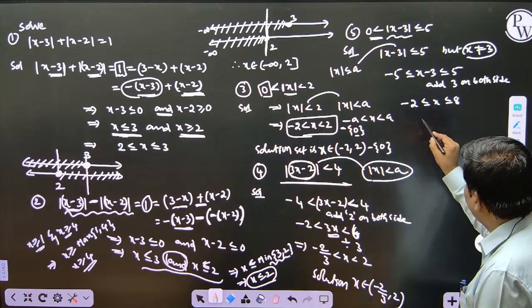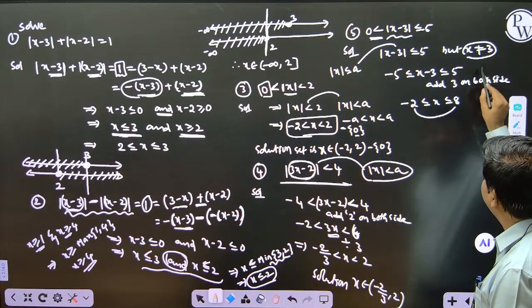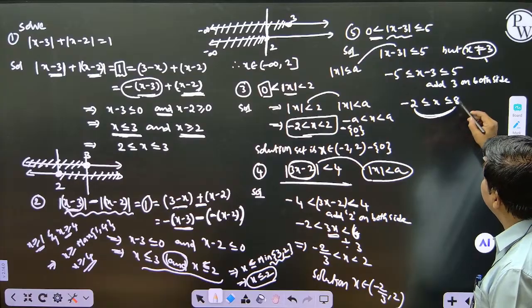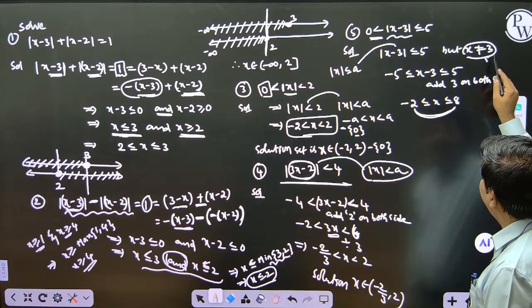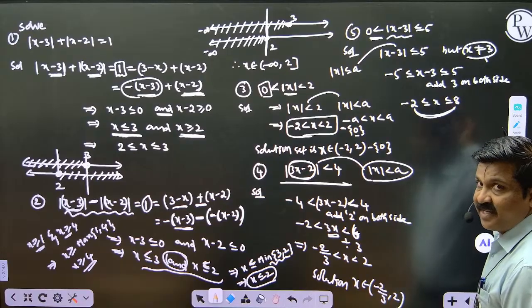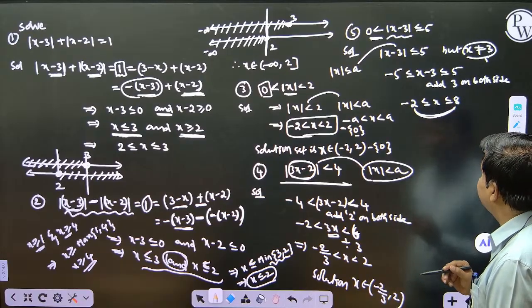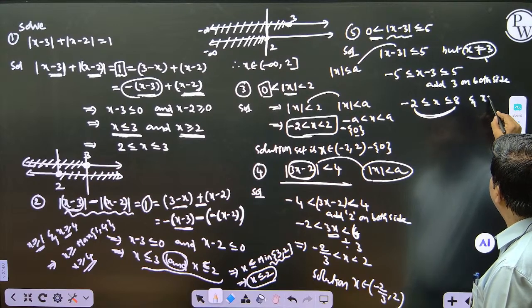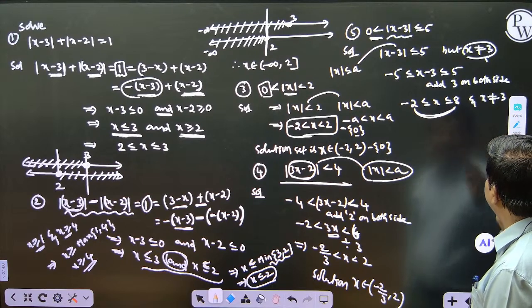But between minus 2 and 8, is 3 there or not? 3 is there, and it should be eliminated. Why? For 3 we get 0, and actually 0 is not necessary, so x is not equal to 3.